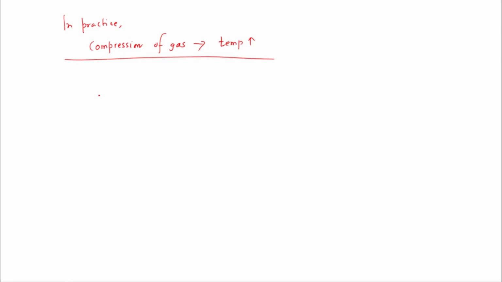In practice, we always experience that the compression of gas is resulting in increase in temperature. So let us consider we are having a closed container, a sealed one, and inside the sealed container a certain amount of gas is present. The volume of the gas is V1 and it is having pressure P1. And this container is also having an element which is radiating the heat.